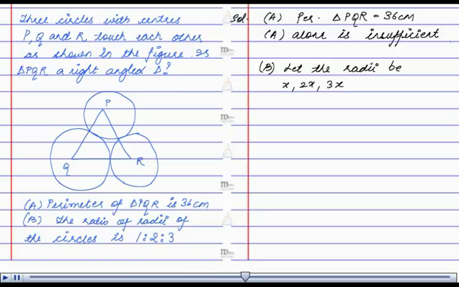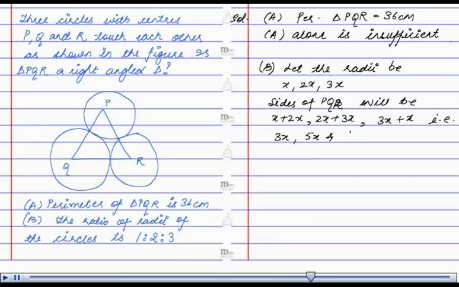So, the sides of the triangle will be x plus 2x, 2x plus 3x and 3x plus x, that is 3x, 5x and 4x.